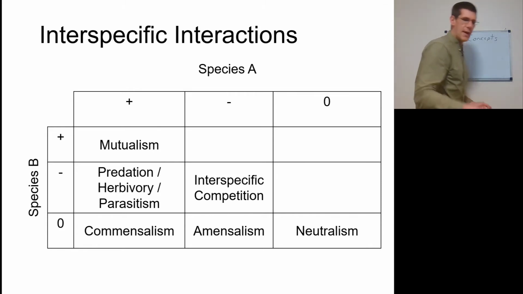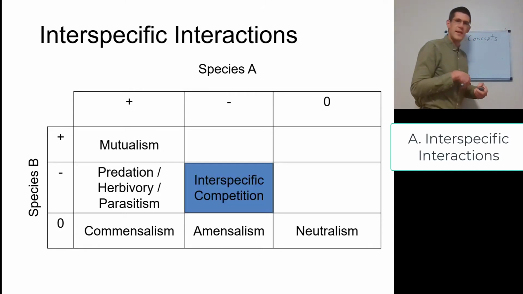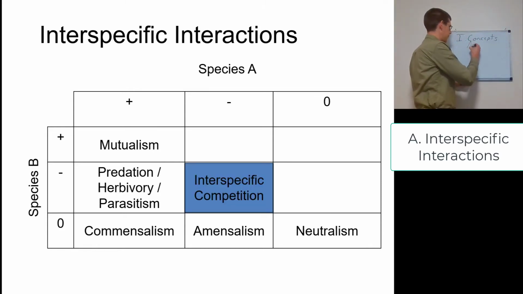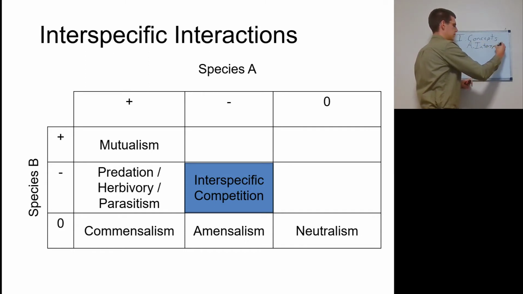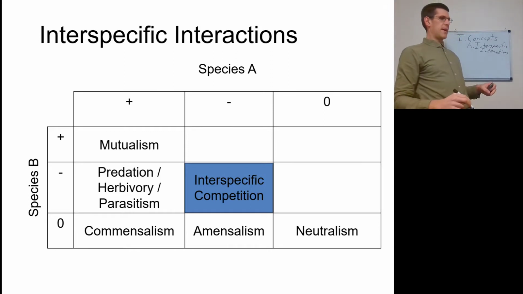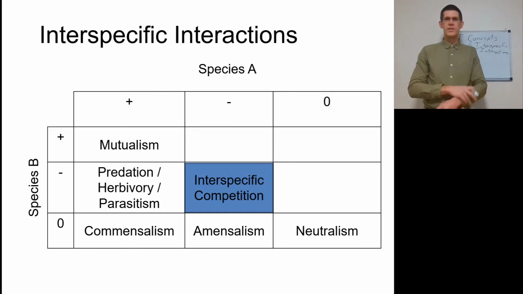But interspecific competition is where we're going to be today. On that interspecific interaction scale, she could be competing with a fox for food because they both eat mice and birds.